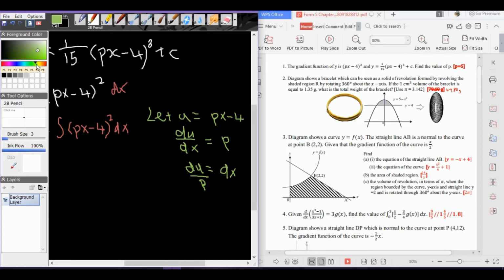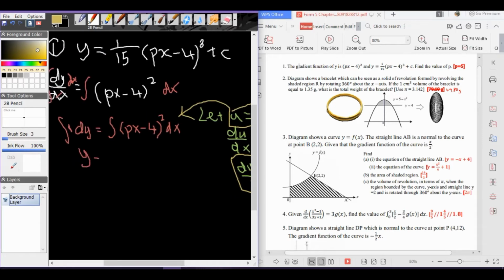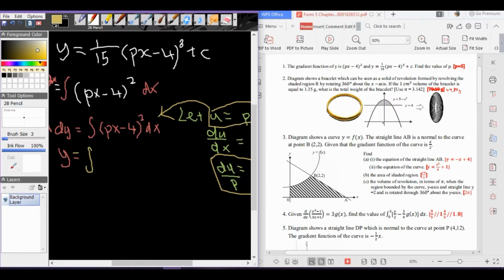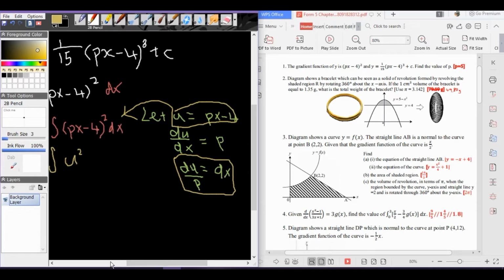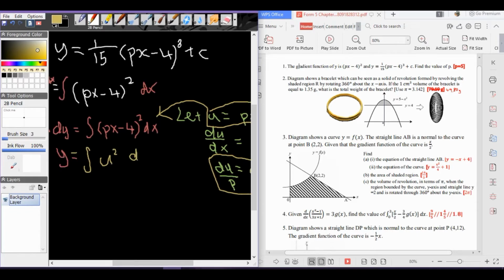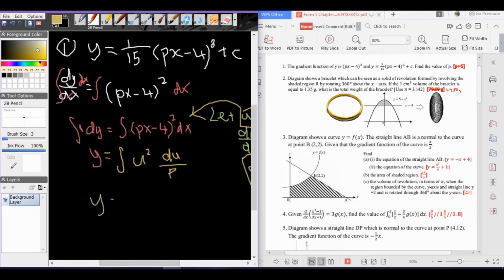We substitute these two into this equation. Then you will have y equals integrate u squared, since px minus 4 is u, and dx equals du over p. So y equals, 1 over p is a constant, so we can leave it outside, integrate u squared du.